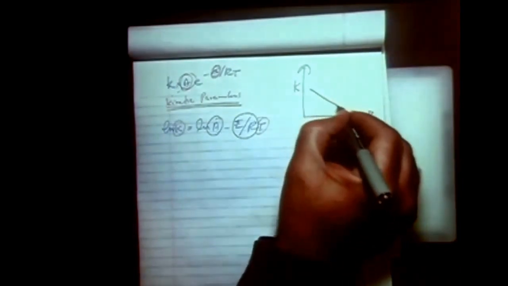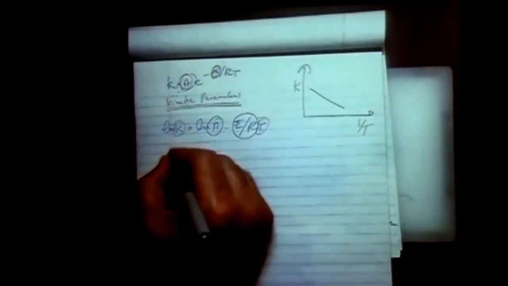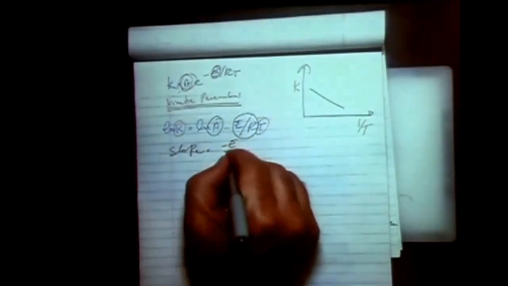Yes, very good. This is the equation of a line, y = y0 + mx, right? So basically that would be a line, and the negative sign shows that you have a decreasing slope. So the slope would be -E/R.